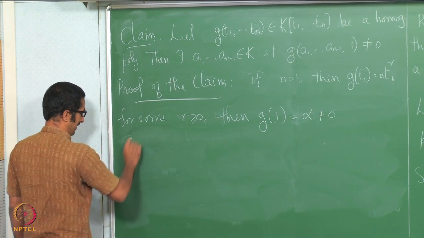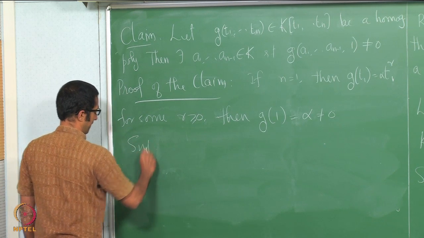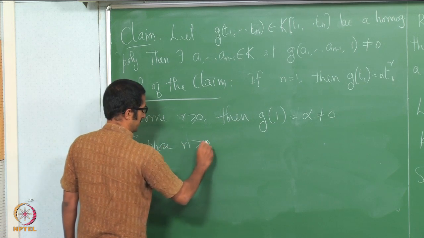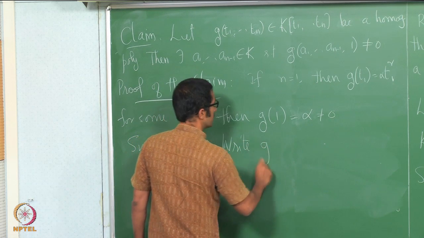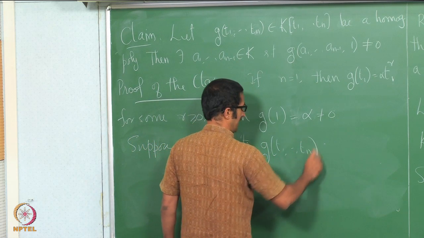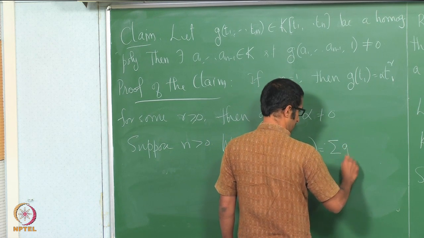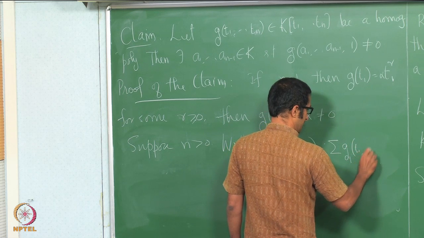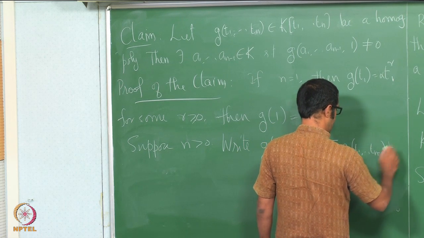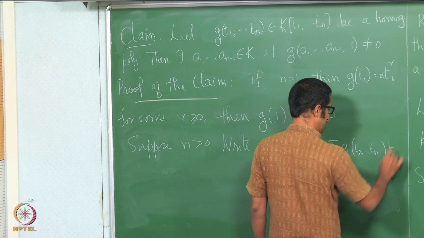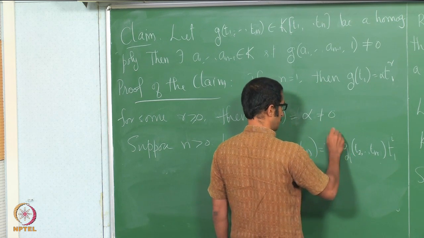So, now assume that n is positive, write g of t1 up to tn as the summation of g_i of t2 up to tn times t1 power i, i from 1 to d.